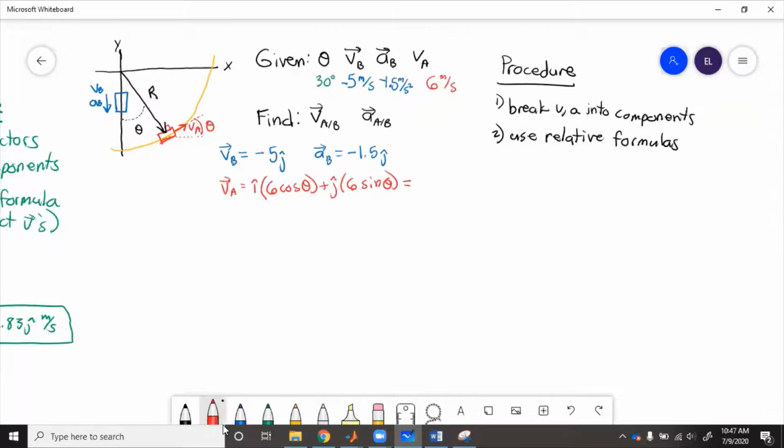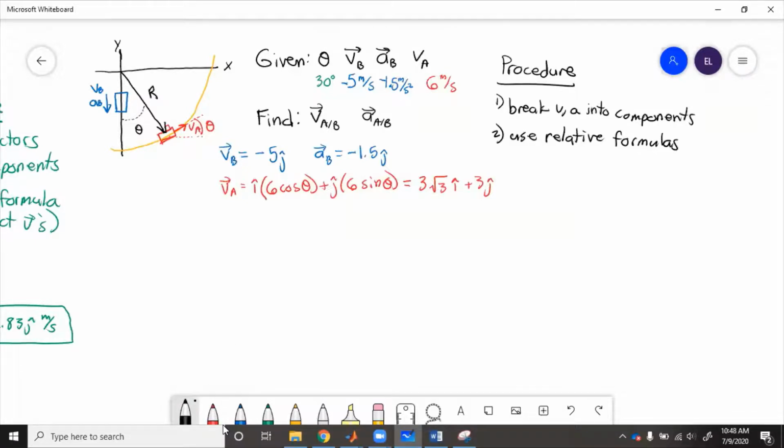If we simplify this, since theta is 30 degrees, this is 3 square root 3 i hat plus 3 j hat. That's meters per second.